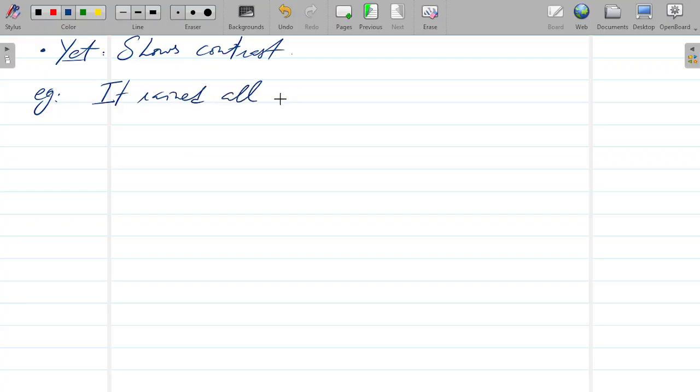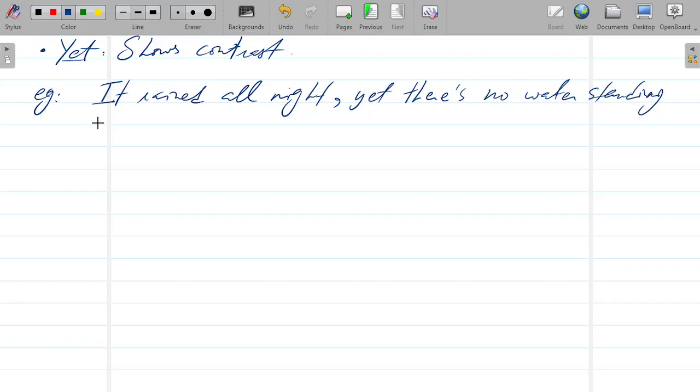It rained all night, yet there's no water standing on the street.